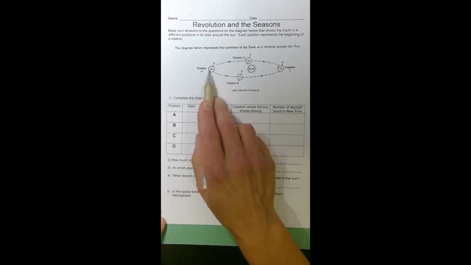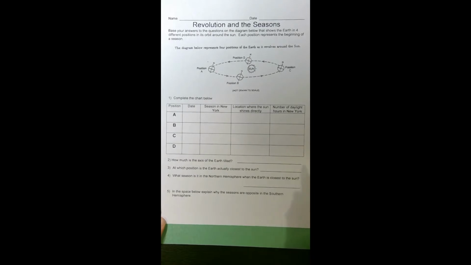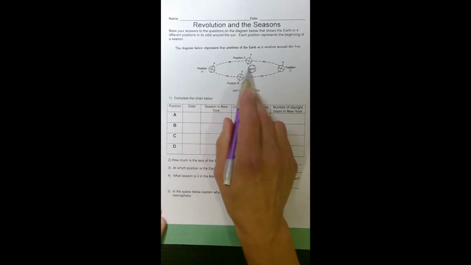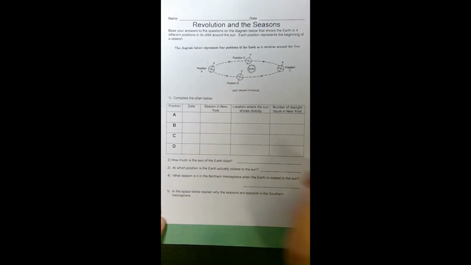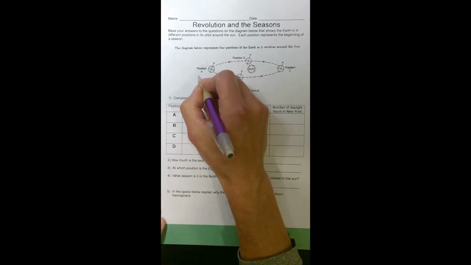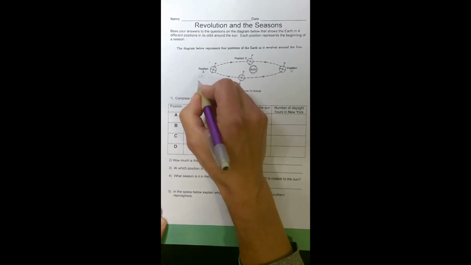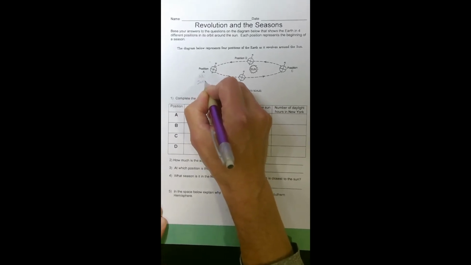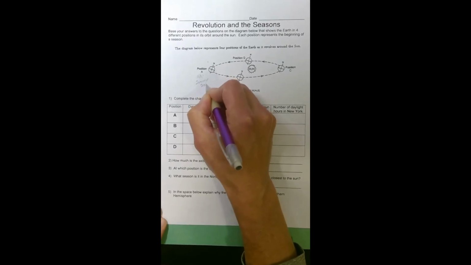Now, over here at position A, the North Pole is tilted towards the sun. That means the northern hemisphere is getting more direct sunlight, so position A is going to be 6/21, which is going to be our summer solstice.